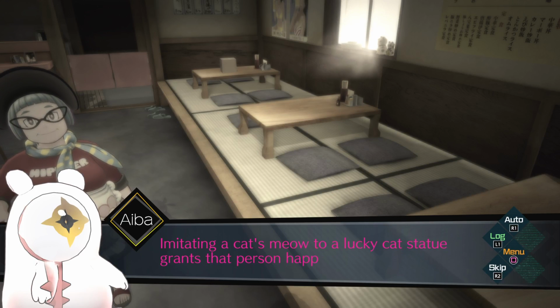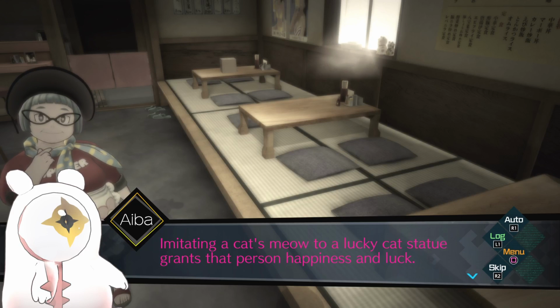Imitating a cat's meow to a lucky cat statue grants that person happiness and luck. Is that right?